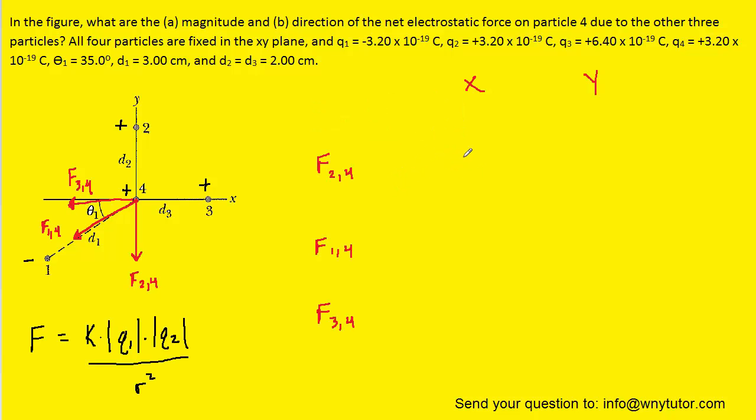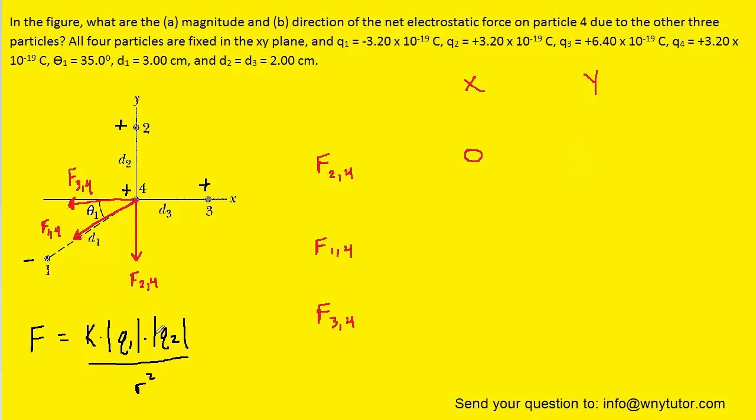Now, we're actually going to want to set up a little table here so that we can distinguish between the x component of the forces as well as the y component of the forces. Now, F24, because it's projecting along the y-axis, actually has a y component but no x component. And so we're going to put 0 newtons for the x component of F24.